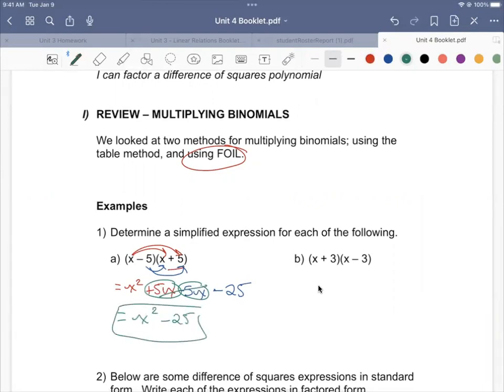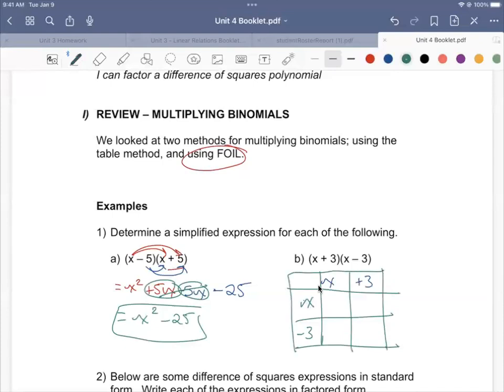If I take a look at the square method, we haven't done this one much, but we can do it now. I'm going to write one binomial on top and one down the side, and I'm essentially forming a square when I do that. So x times x gives me x squared. X times positive 3 is going to give me positive 3x.